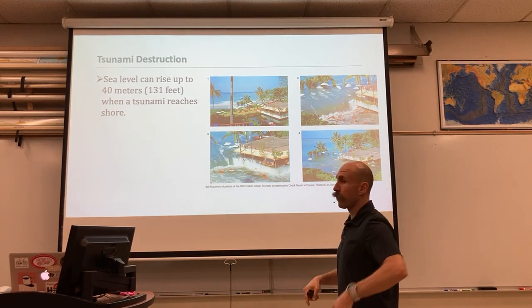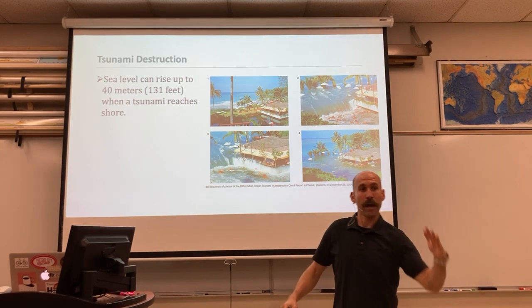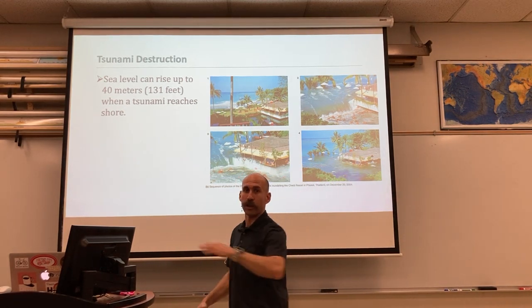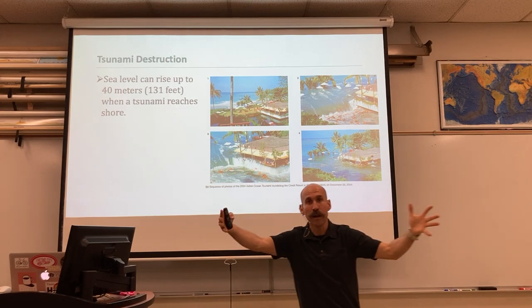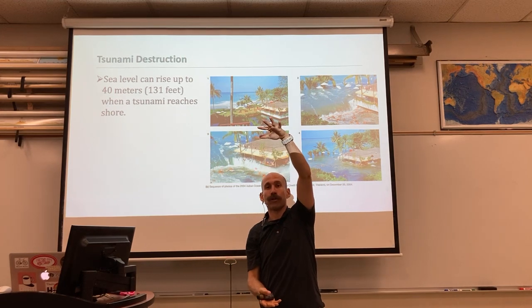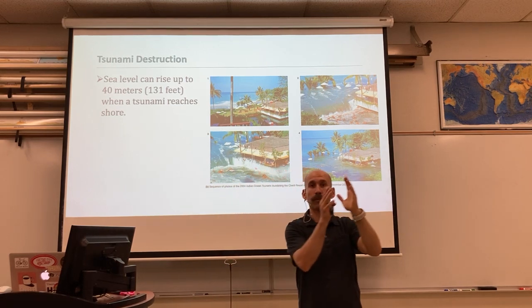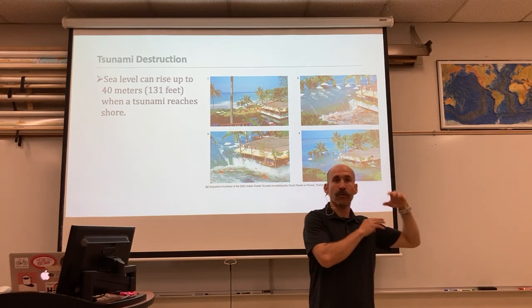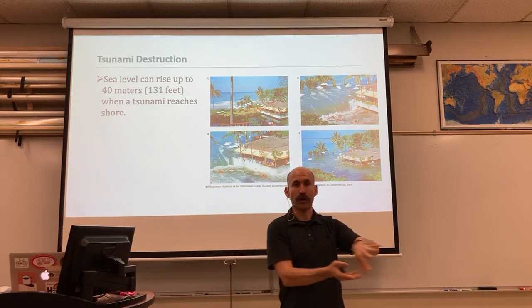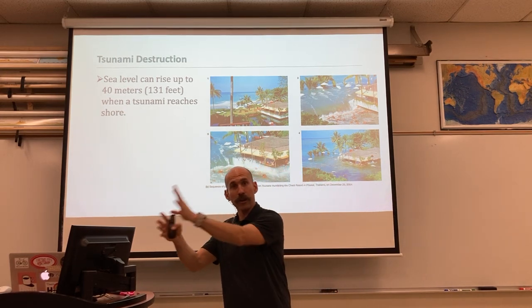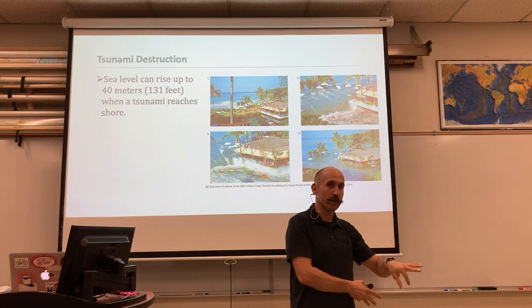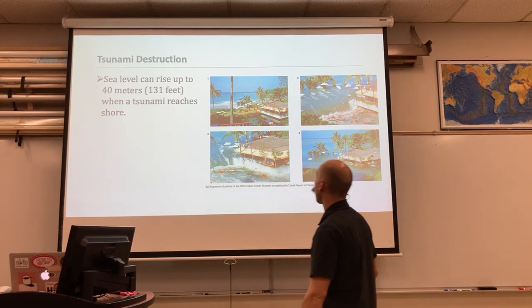Basically, with a tsunami, the wavelength is so long that when it gets close to the coast, it creates these massive walls of water. And since it's a wave train, there are multiple wave crests. The wave comes in, then you get a trough, and the water goes out. Then you get another massive wall of water come in, and then a trough, and it goes out, and another massive wall of water.